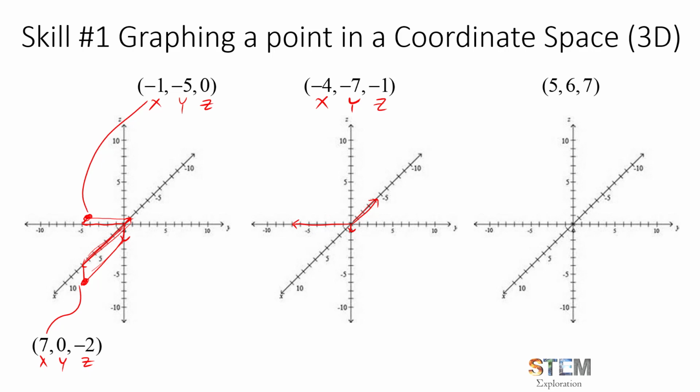All right, so I'm going to go from this point and make a line congruent and parallel to this, but from this point, right? So I'm going to copy this line right here, and I'm going to move it over here, and then I'm going to make a copy of the line on the y-axis and put it up here.